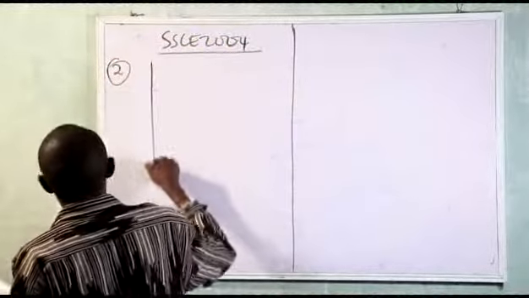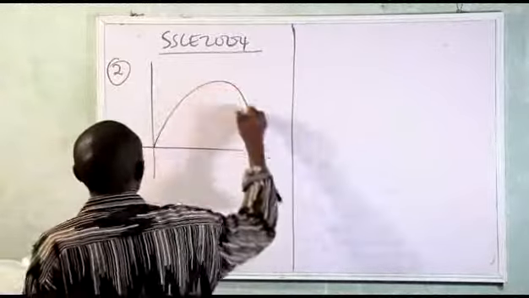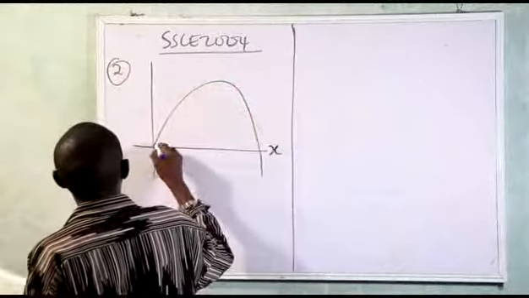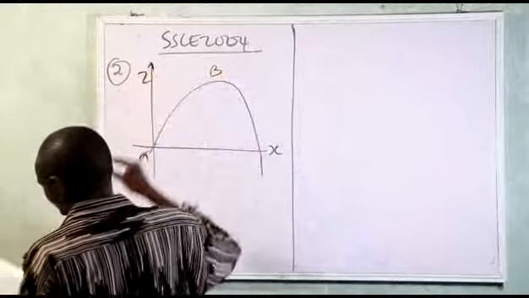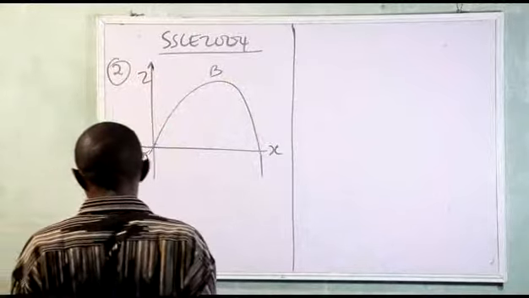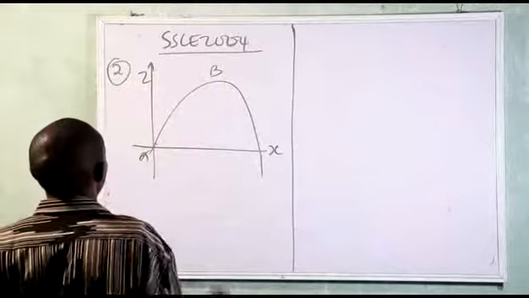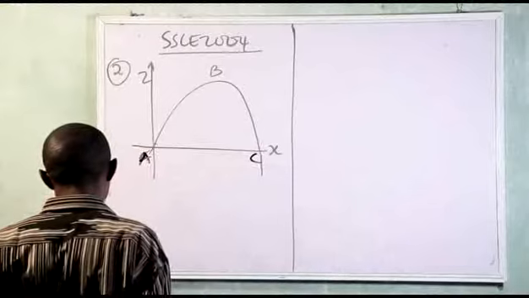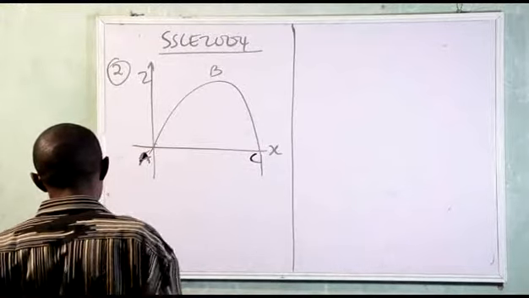They draw a diagram with points S, A, B, C, Z. The diagram illustrates the path ABC in the vertical SZ plane of a bullet shot into the air at an angle.